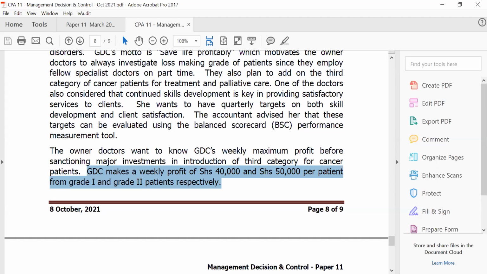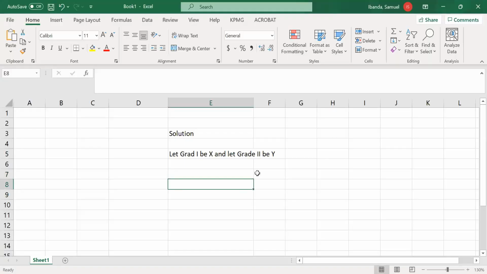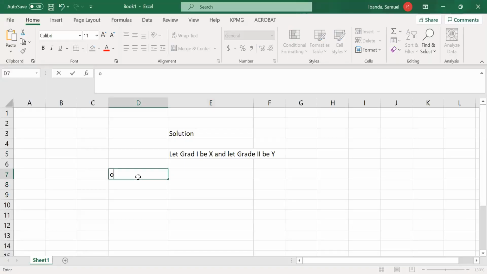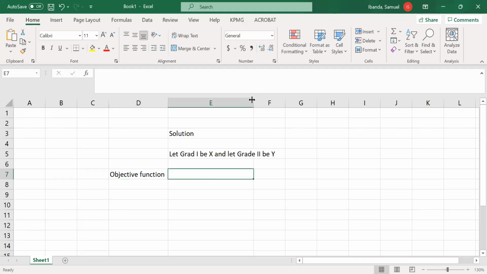So translating this, I'm going to say objective function, which I'm trying to write.